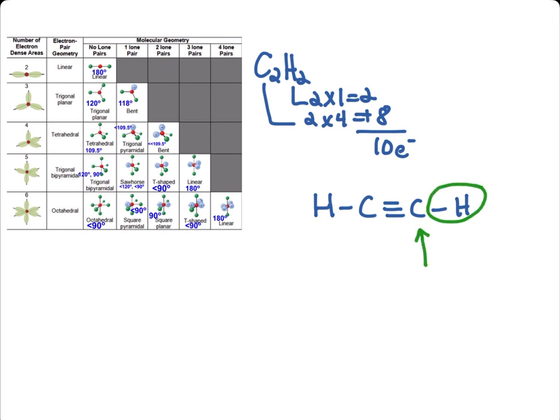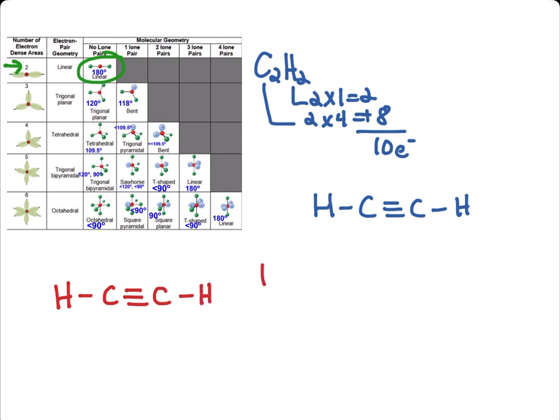There's 2 electron groups around the center atom. So this has steric number 2, and steric number 2 just means linear. So the linear shape looks like this, and I'm going to write linear, and the bond angle is 180 degrees. Good luck and keep practicing.